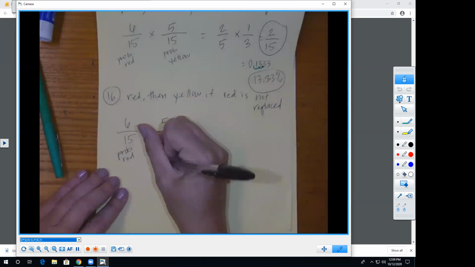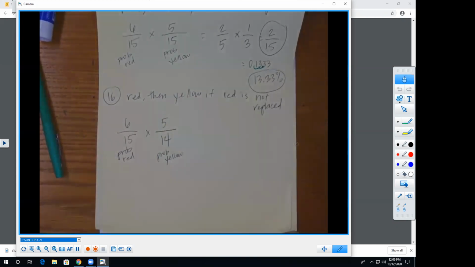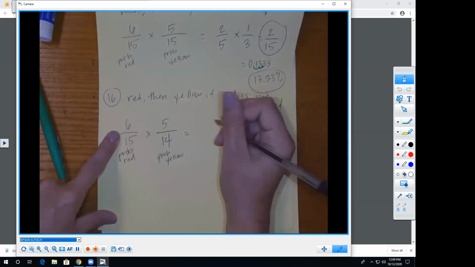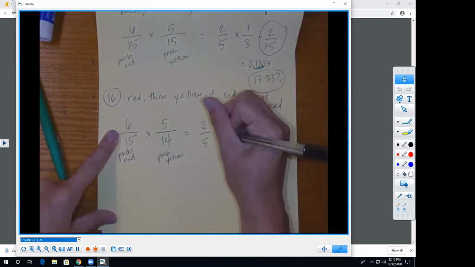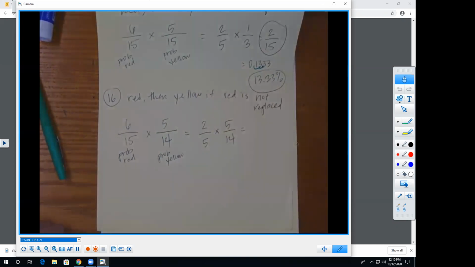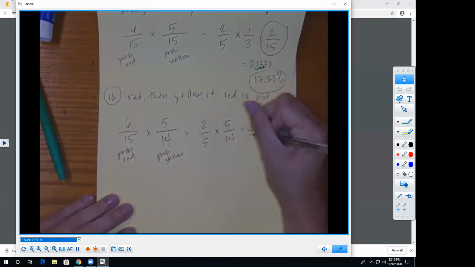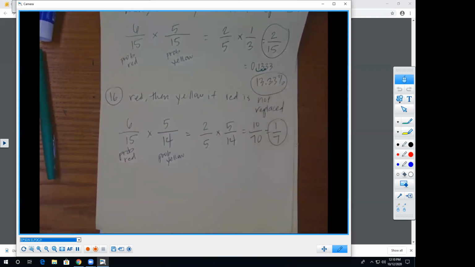So this is the probability of the yellow. I'm going to go ahead and reduce that first one before I multiply. So this would be, again, 2/5 times 5/14. And you would get 10/70, and that reduces to 1/7. So that's the fraction.